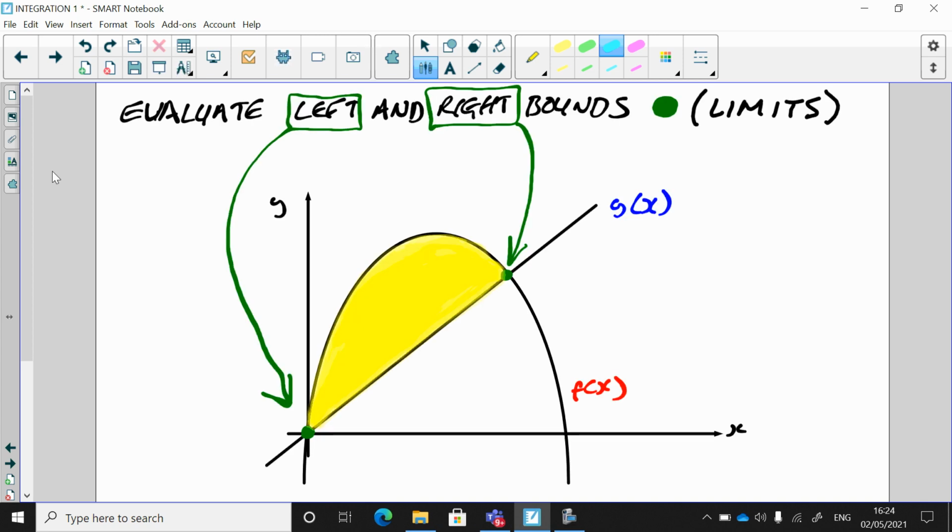So in order to get these points, what we're calling the limits, we need to find these. We need to find that and that. And this is where g of x is actually equal to f of x, because that line meets the curve there. So that's exactly what we're going to do.